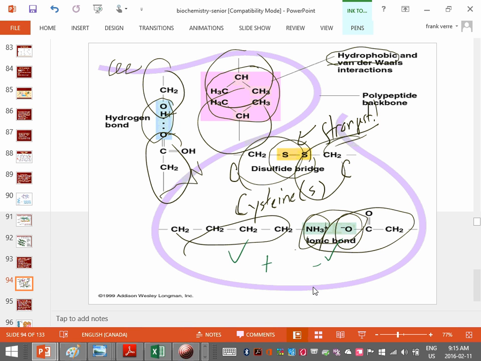So, again, what determines that this amino acid is here? And what determines that this amino acid is over here? It's that information from the DNA, right? Now the question is, okay, they're there. If the R groups can form a bond, the bond will hold the protein in its shape. Okay? So this is the third level.